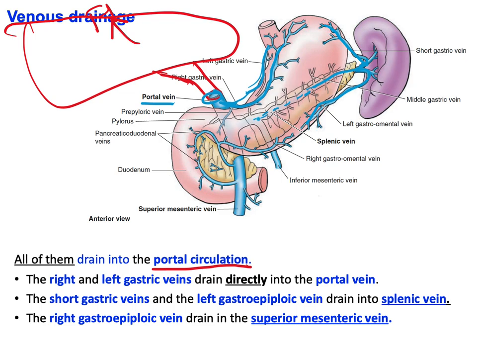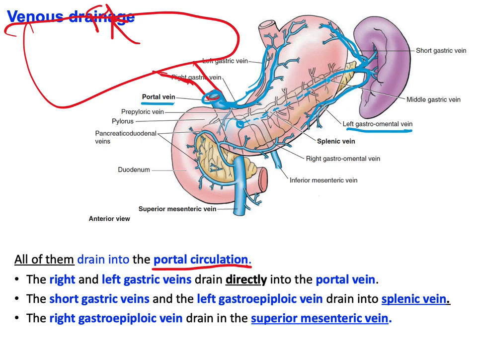Let us continue and stop here, behind the neck of the pancreas. You see the shadow of the pancreas. This is the head of the pancreas, the neck, and the body and tail. But anyway, we said that the left gastro-omental or gastroepiploic and short gastric veins drain into the splenic vein.